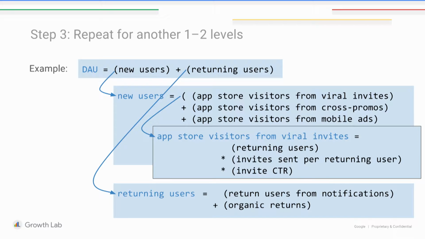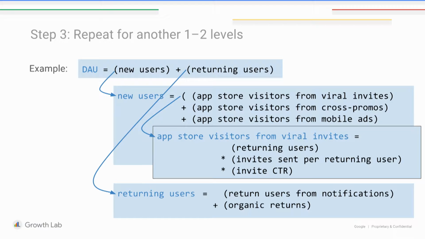And we may even want to go one level deeper. That's about as far as I would recommend. Where let's say we want to drill into the App Store visitors from viral invites. Well, that's a function of how many returning users I have, because they're the ones who have to send the invites, times the percentage of them that are sending those invites. So returning users, how many invites do they each send?